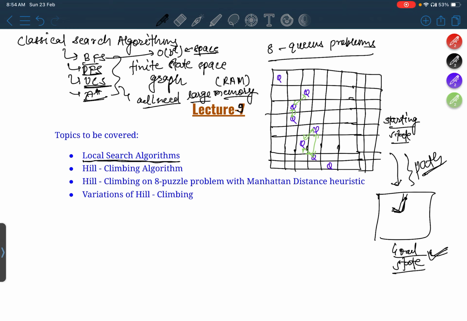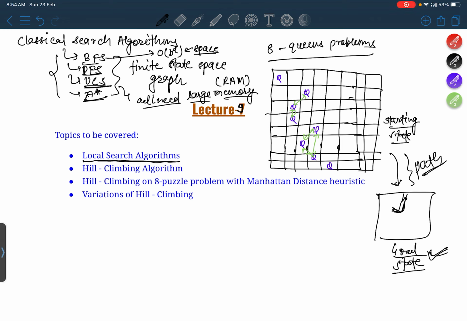So using these, we won't be able to solve any problem which has a large state space graph on our computer, because they will take too much space to run that algorithm on the computer.